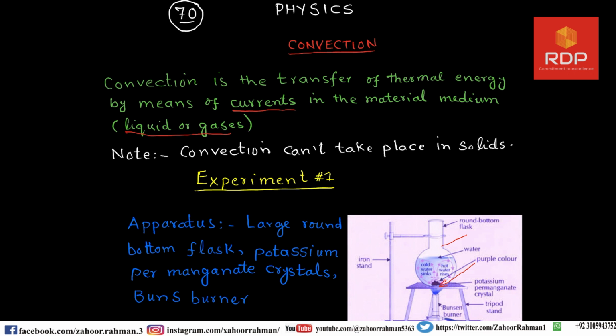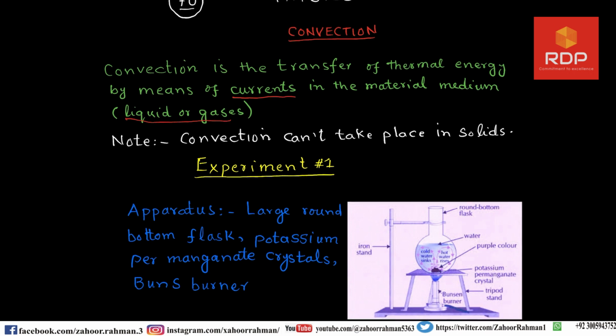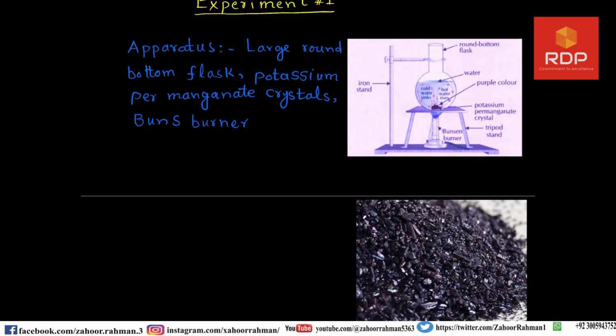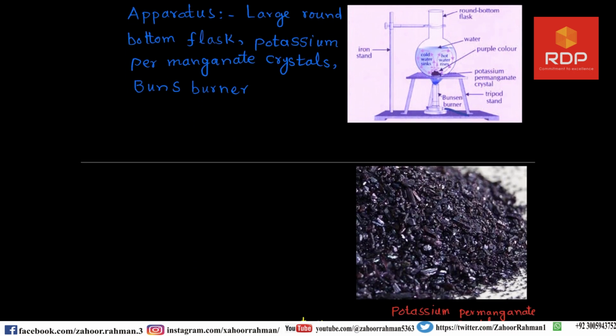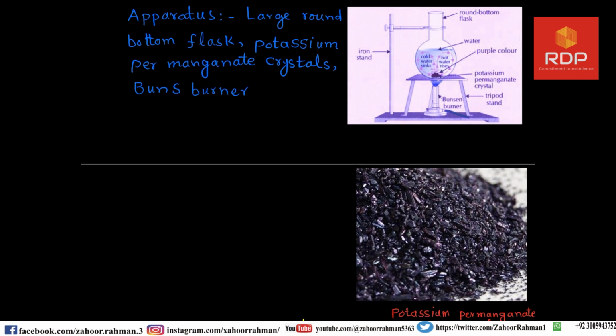If you want to see clearly how potassium permanganate crystals look, this is the picture for you, and you can see that these are the potassium permanganate crystals, inside the flask at the bottom.